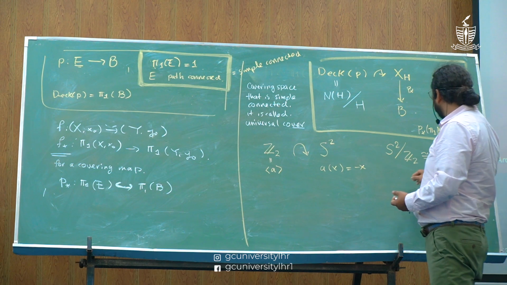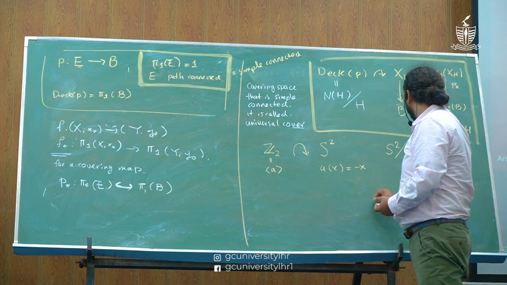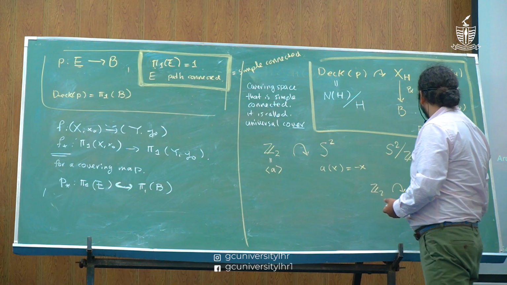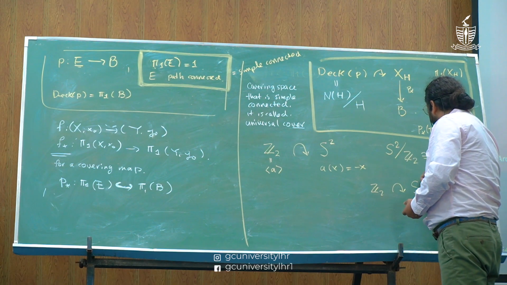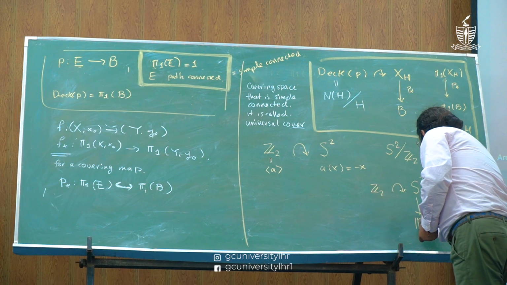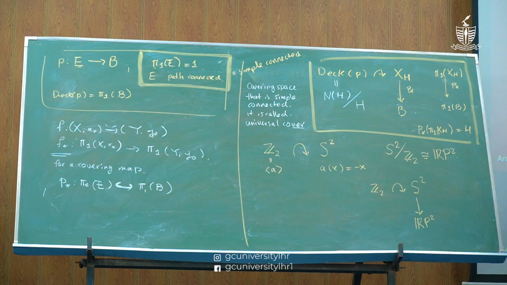And in this case, then you will have exactly this structure, no? You will have Z/2 acting on S2, that is projected on RP2. This is a covering map, right?